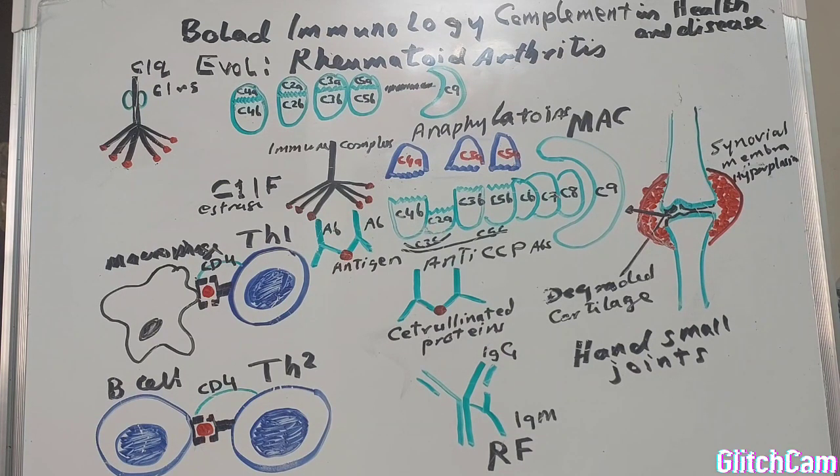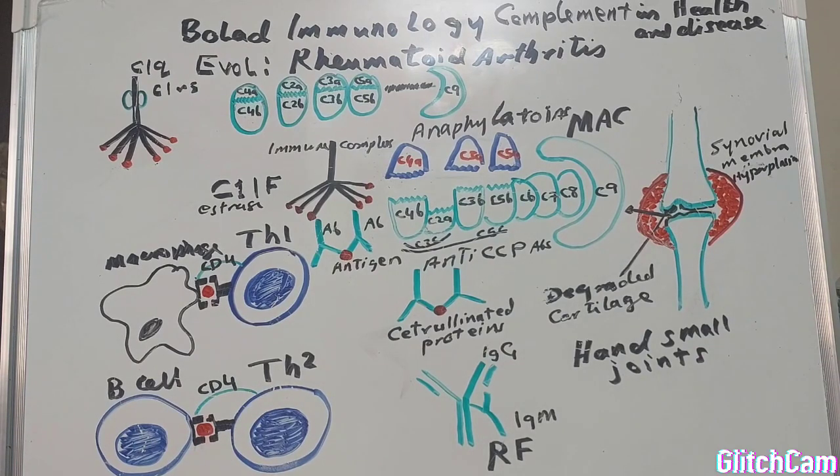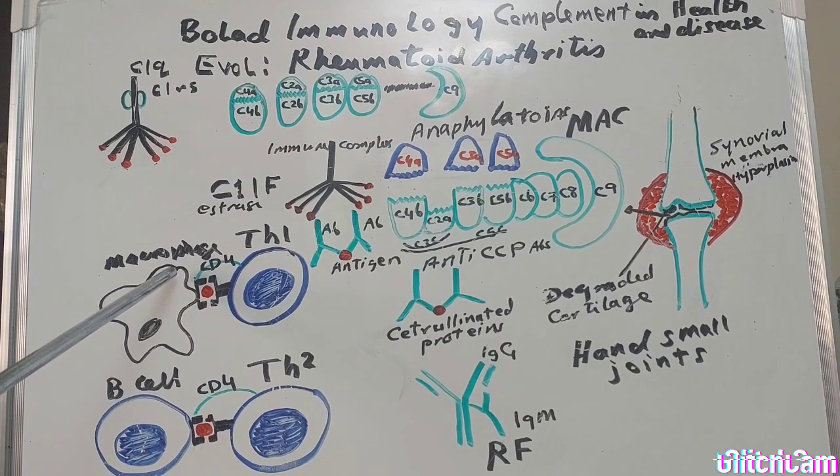However, B cell talks only to T helper 2. And as can be seen here, macrophages have crosstalk with T helper 1. So B cell now processes the antigen and presents it in association with major histocompatibility class 2 to the T helper 2.